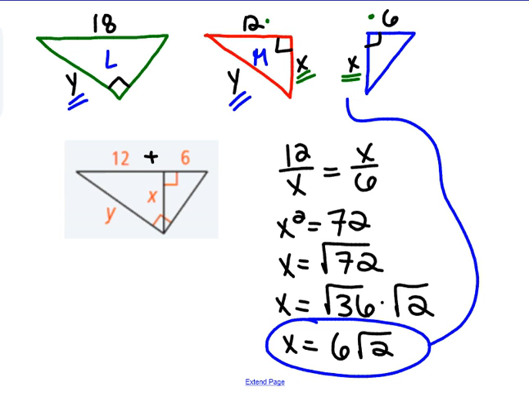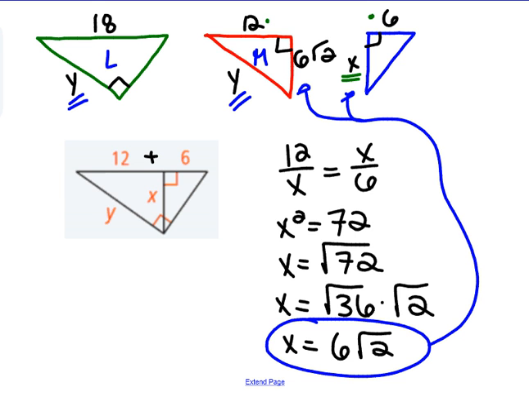We don't need it in the small one because we're not using it. Let's put the value here. So I'm going to erase that, and I'll put 6 square root of 2.